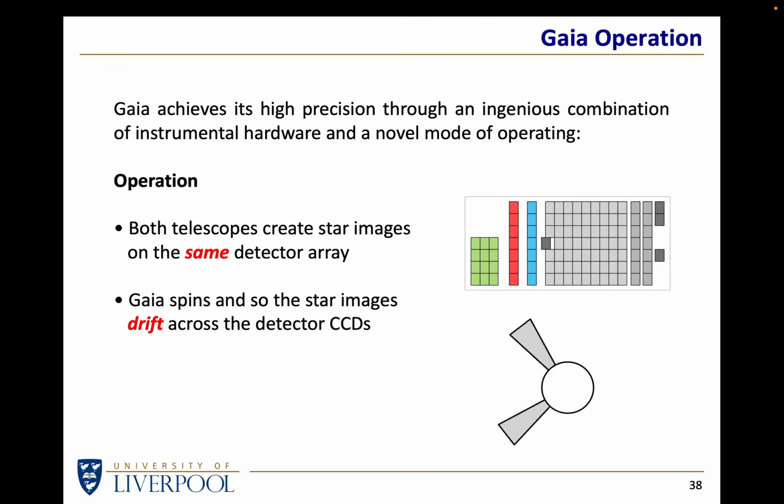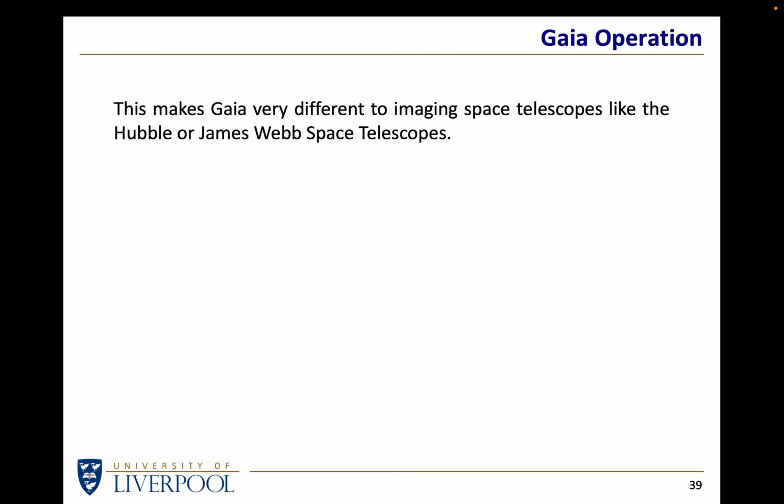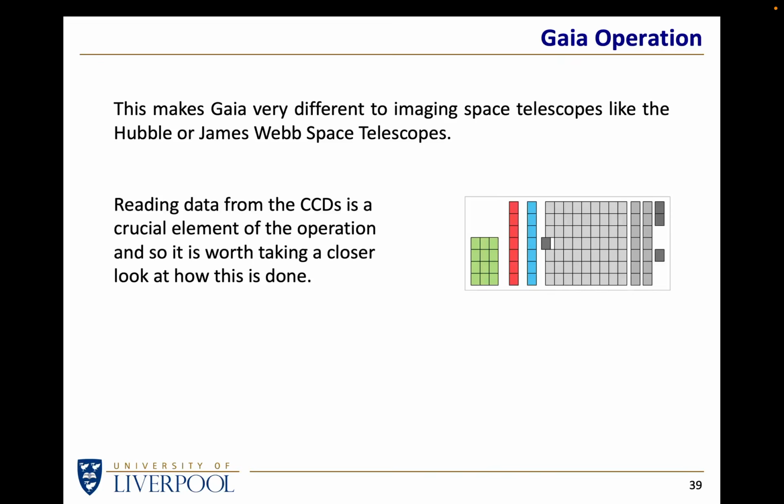Gaia is continuously spinning, and so the stars are always drifting across the CCDs. The bottom line is Gaia does not take images. Yes, it's a space telescope, but it is not taking images in the same way that Hubble or the James Webb Space Telescope take images. It is a very different mode of operation.